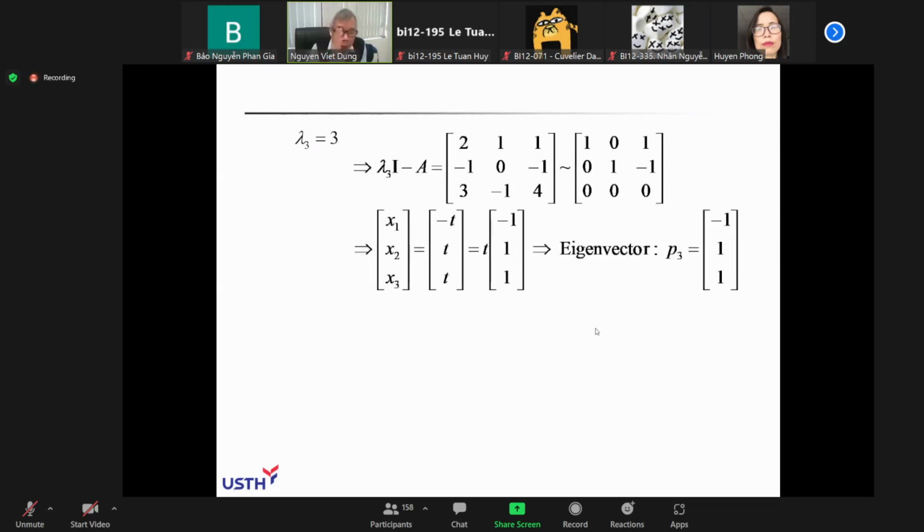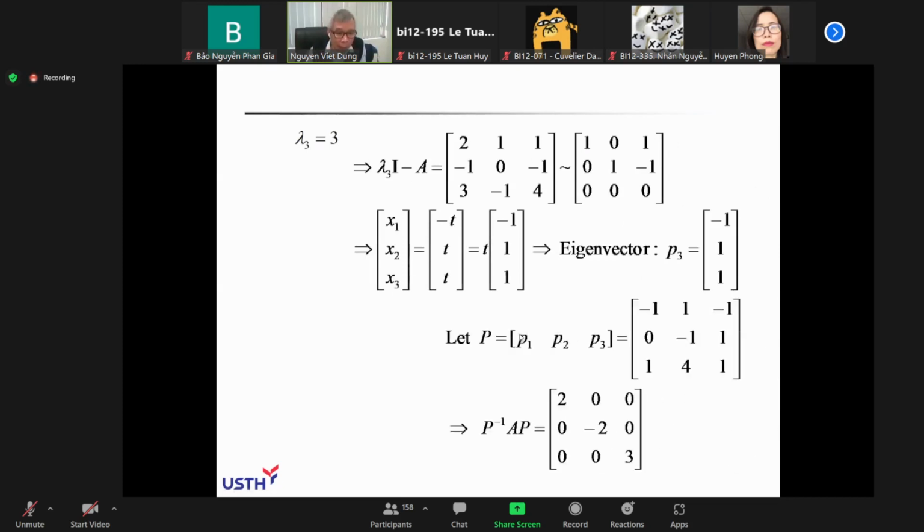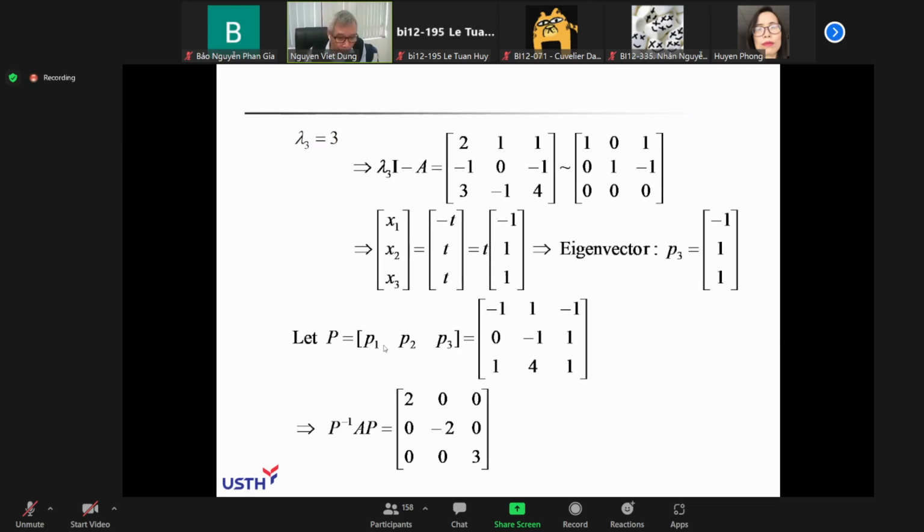Now you put them side by side, P1, P2, P3. You get the matrix like that. And you know immediately that P inverse multiplied by A multiplied by P is that one. And the order of eigenvalues here is exactly the order P1, P2, P3 we write in the matrix P here.